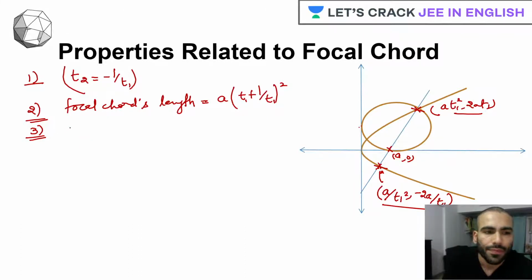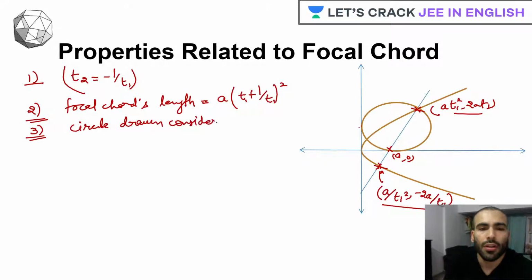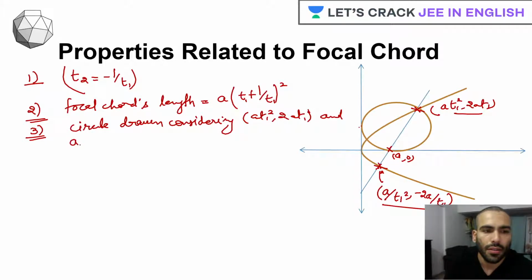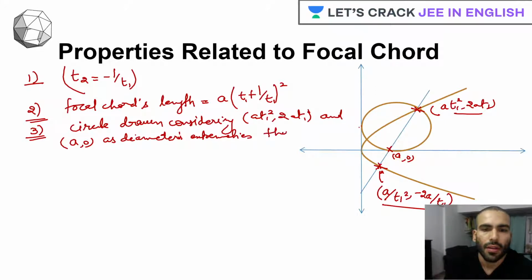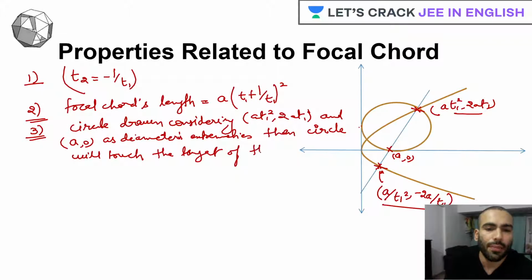So I'll state this: the circle drawn considering a t1 square comma 2a t1 and a comma 0 as diameter's extremities will touch the tangent of the parabola at the vertex.